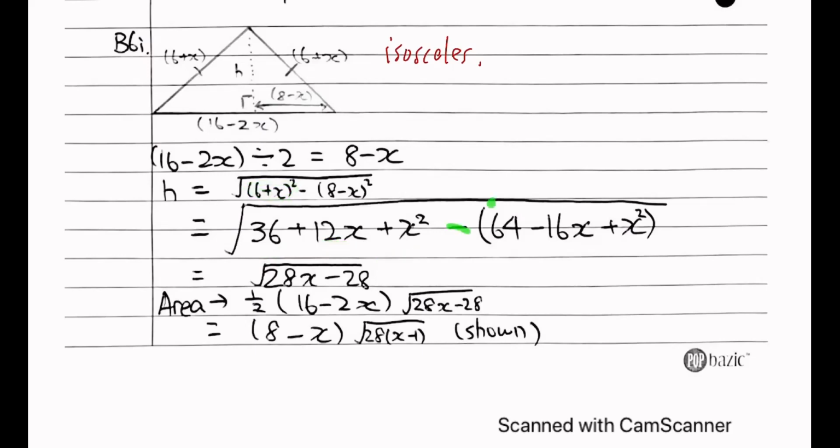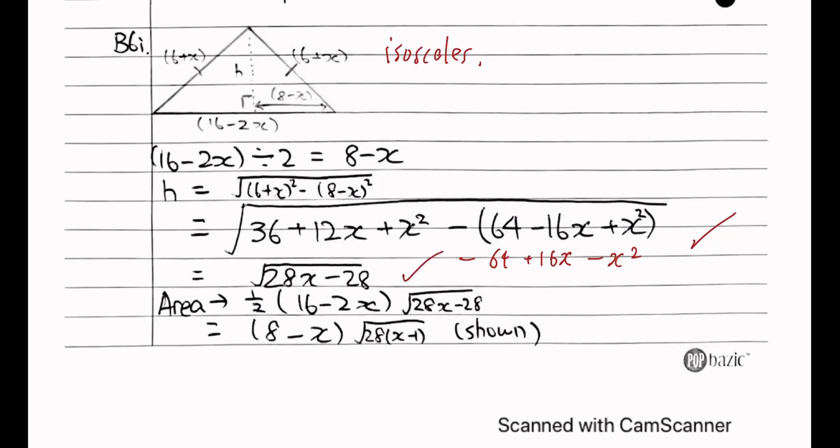Minus bracket, good. 8 squared, 64, good. x squared is x squared. Minus 2 times 8 times x, minus 16x, very good. Multiply in the negative sign, you get minus 64 plus 16x minus x squared. x squared cancels away. 16 plus 12 gets 28x. 36 minus 64 is a number. Let me double check. 36 minus 64 is negative 28. Okay, good.